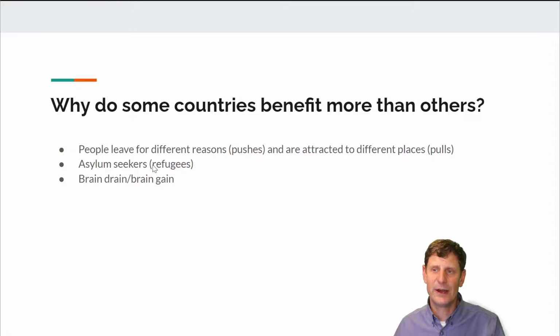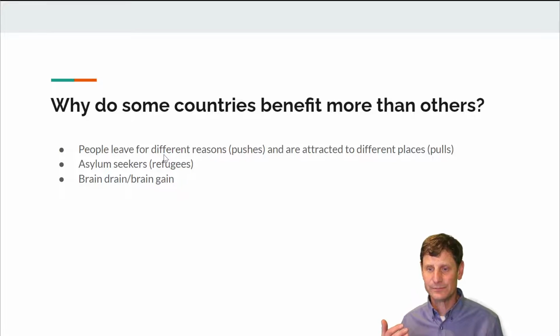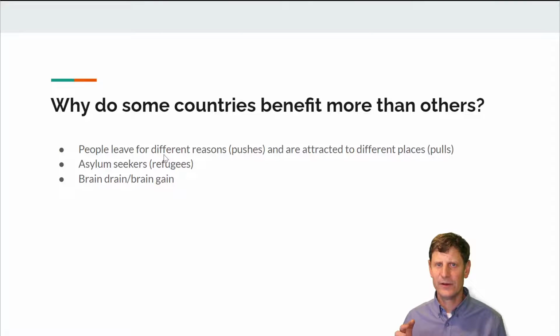Asylum seekers, by and large, do end up contributing quite a bit to the country that they come to. But sometimes when they arrive, they really don't have a lot of resources. They're literally fleeing for their lives in some cases. And so the direct contribution that they can give may be limited. And so there's political controversy about this sometimes.